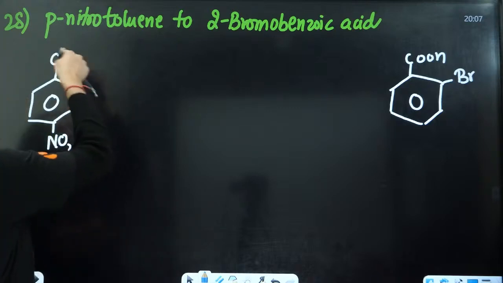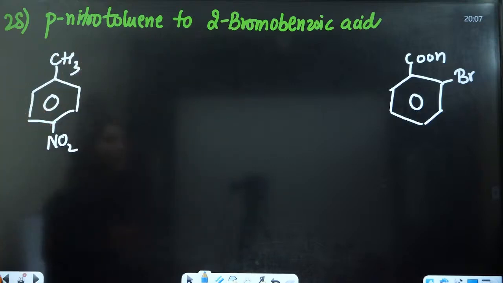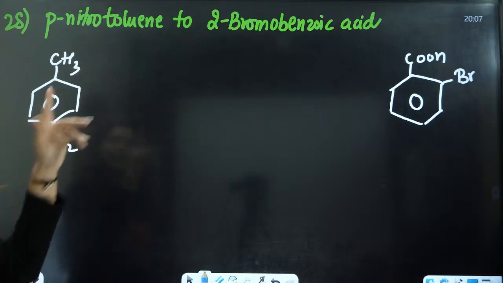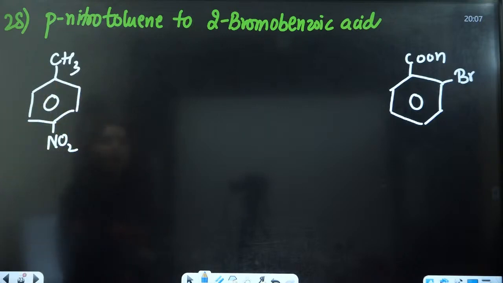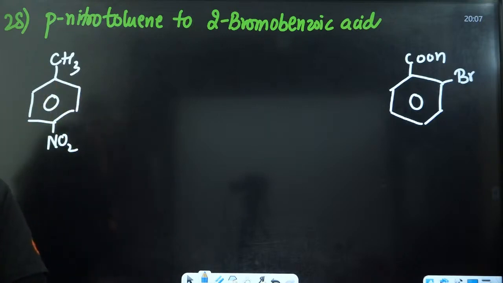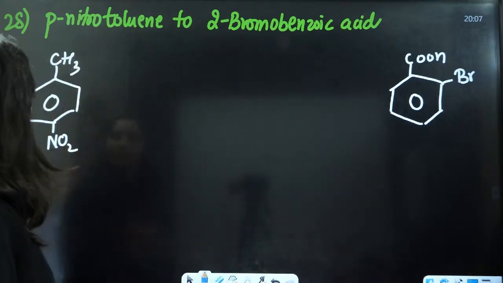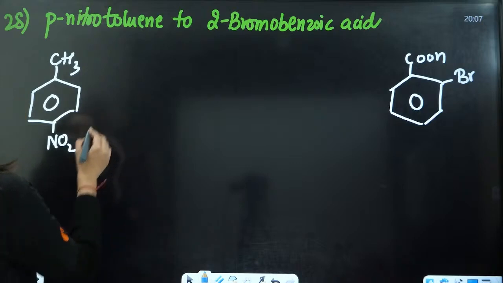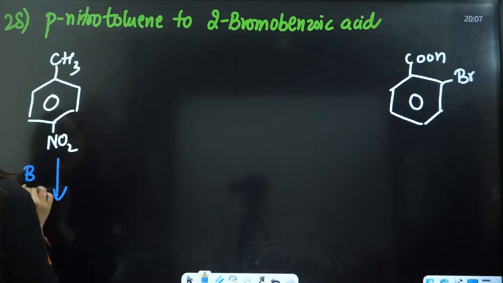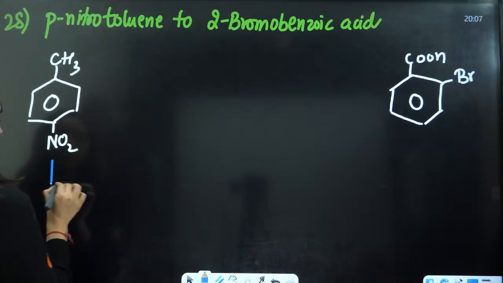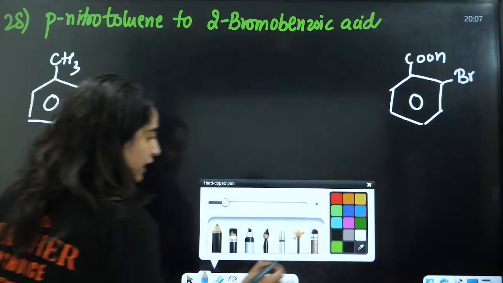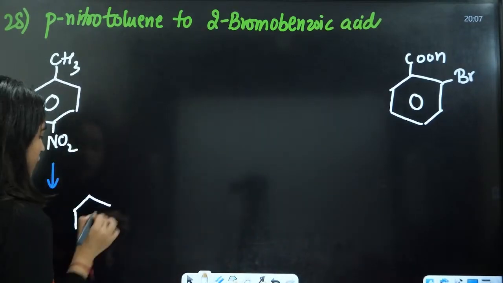Now, this CH3 can be converted to COOH, but we will convert this after some time. Firstly, we need to eliminate this NO2 and add the bromo here. So firstly, if we do the bromination here, we will get this product.